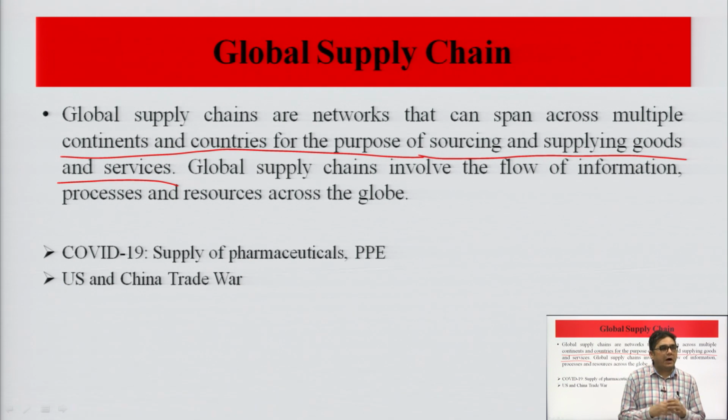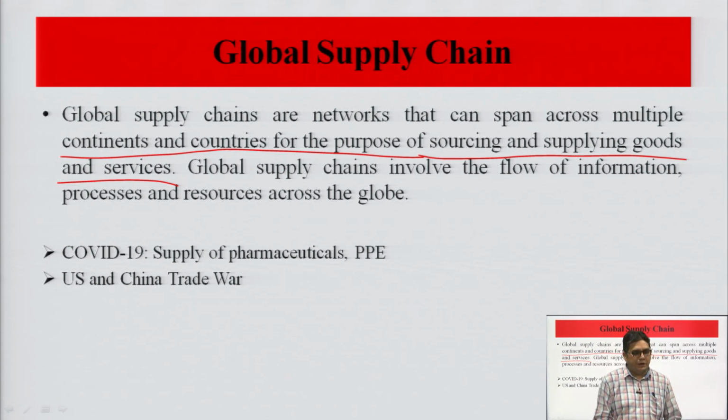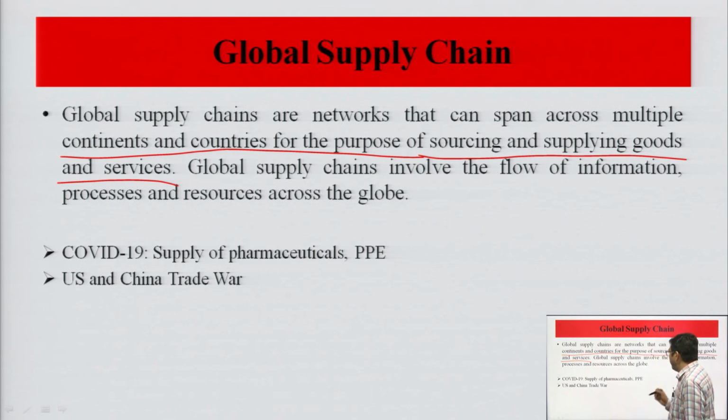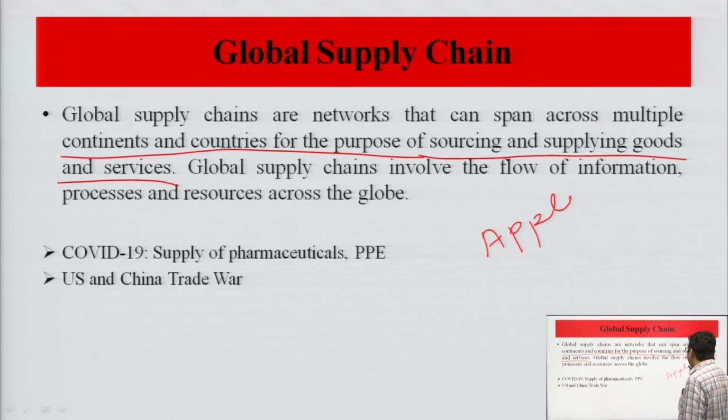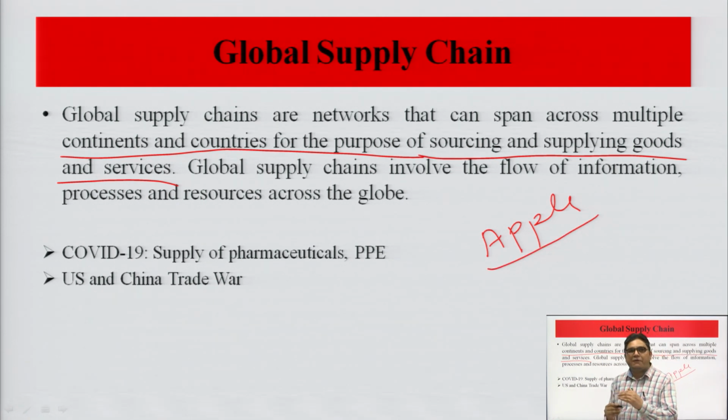Nowadays, particularly in India and China, companies are increasingly establishing their supply chains. Recently, we have seen that Apple has started manufacturing in India, and gradually this manufacturing space in India from Apple is likely to increase.